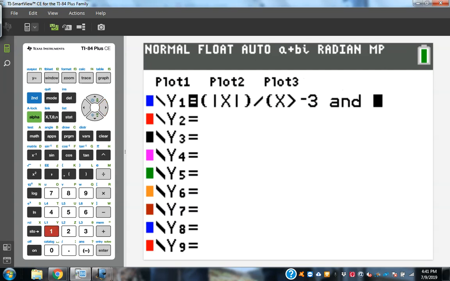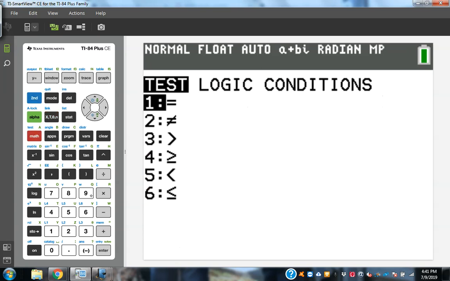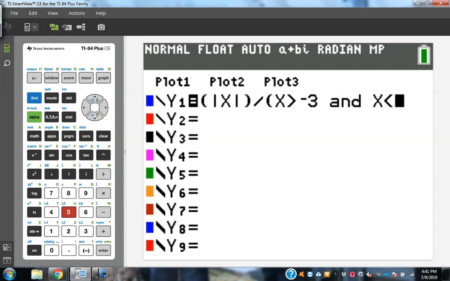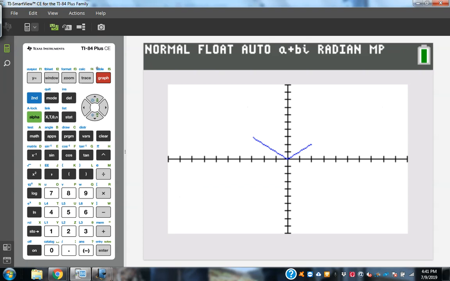And then I type in the second inequality: x, second math, is less than 2. So x less than 2, close parentheses. If I hit graph, I should see just that small portion of the V. Okay? Kind of see why I don't do a lot of these with the calculator.